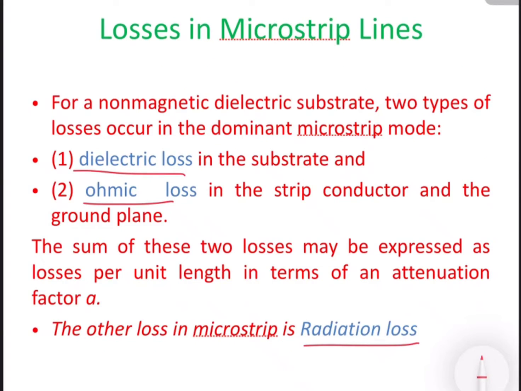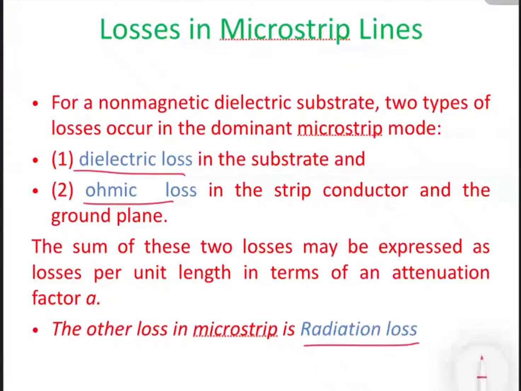That is why whenever we express the loss in any type of strip line, we express it in the order of loss per unit length, because in a strip line the width and thickness of the strips are important, and also the height of the dielectric substrate is important.